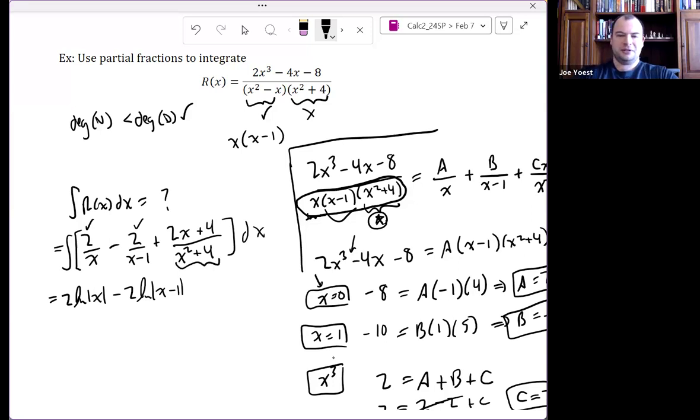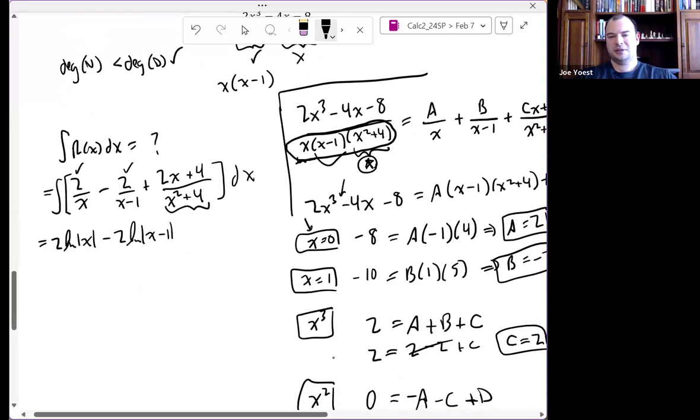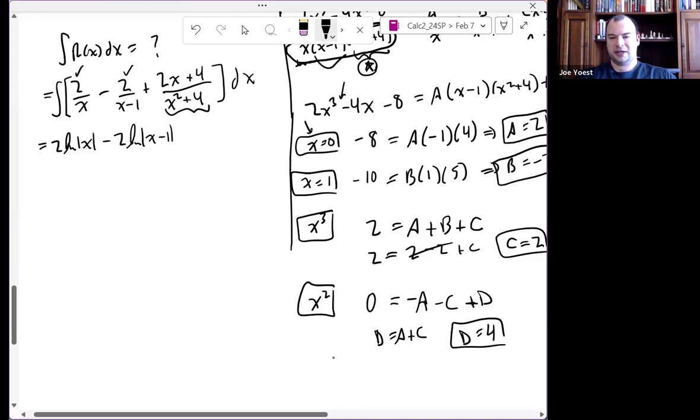So let me come off to the side and work out this last term of the integrand, which will split into 2 integrals.